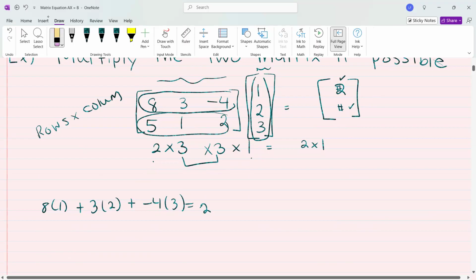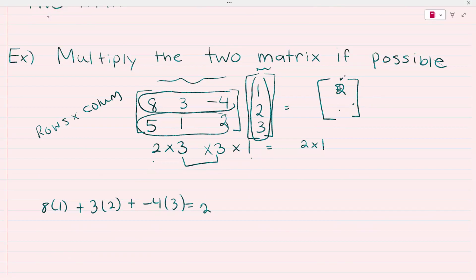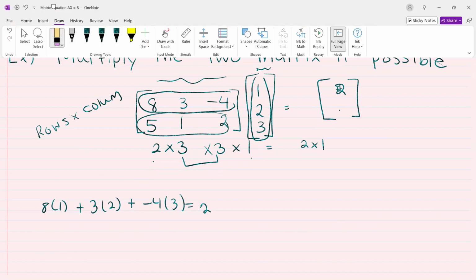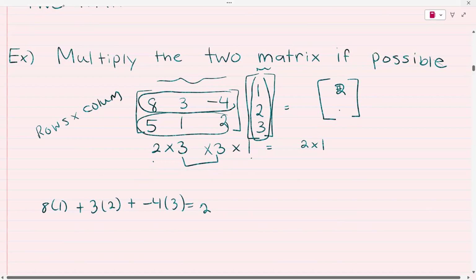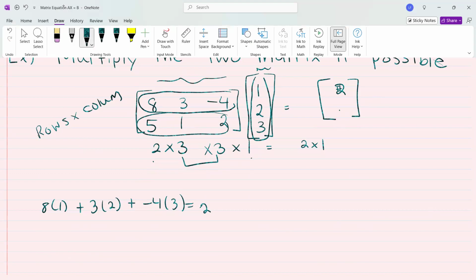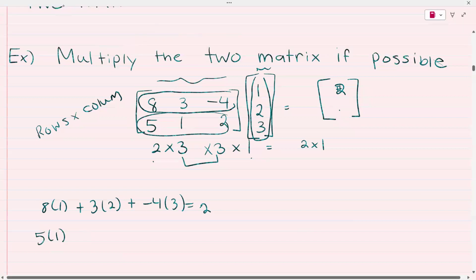And then what about the other number? Now we're going to do the other row times the vertical column. So that would be 5 times 1 plus 1 times 2 plus 2 times 3.